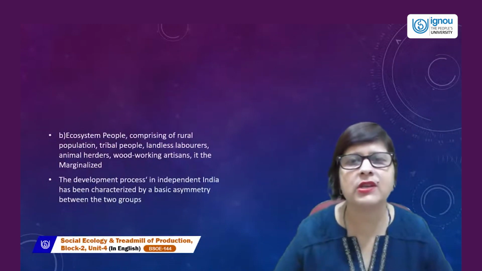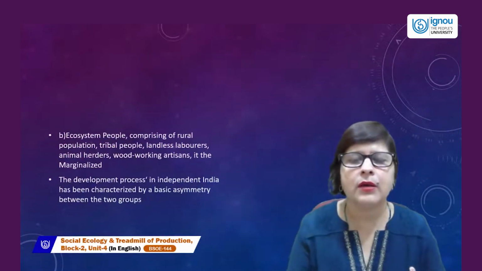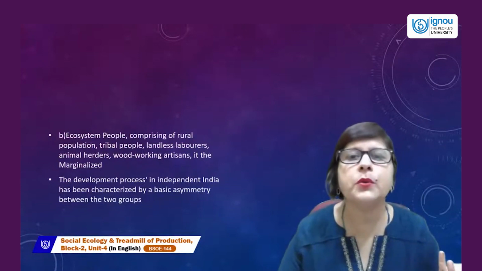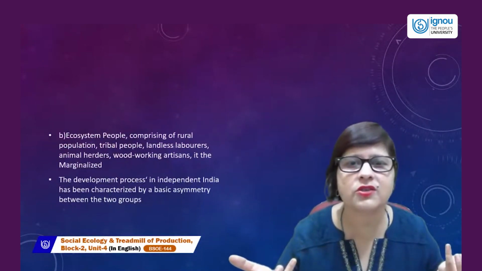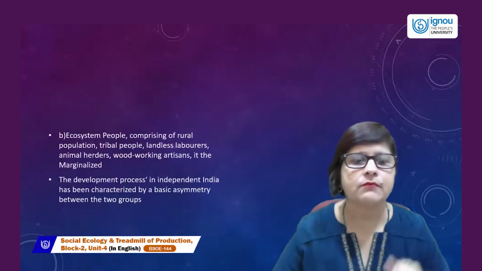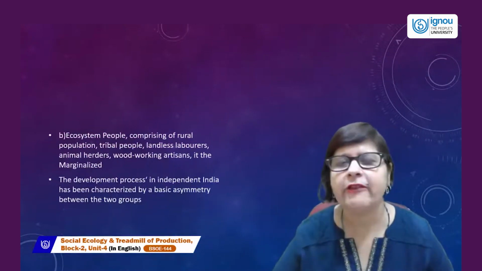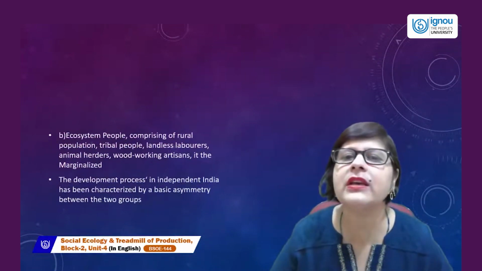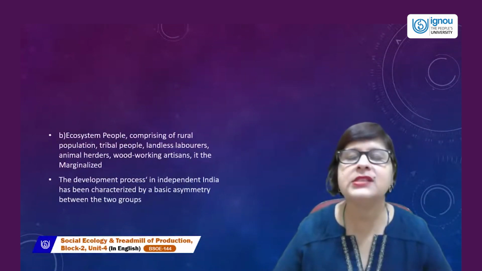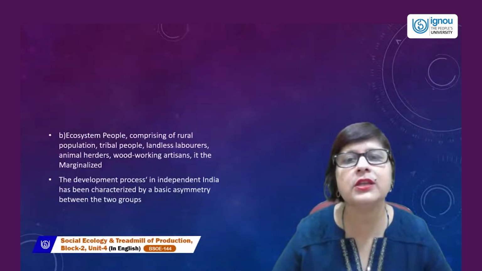This framework is based on these two groups according to their access to resources, the privileged and the marginalized group. The development process in independent India has been characterized by a basic asymmetry between the two groups.